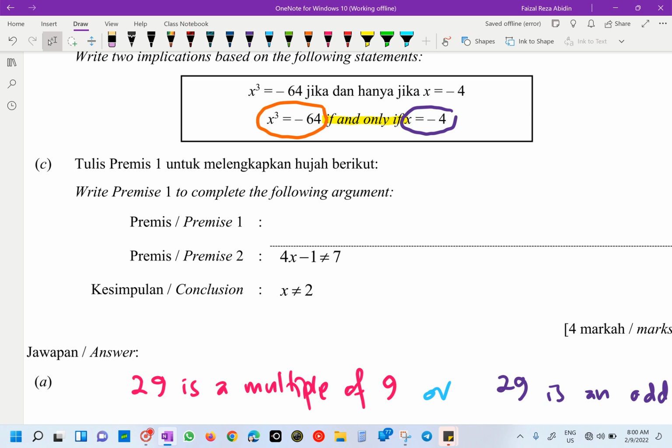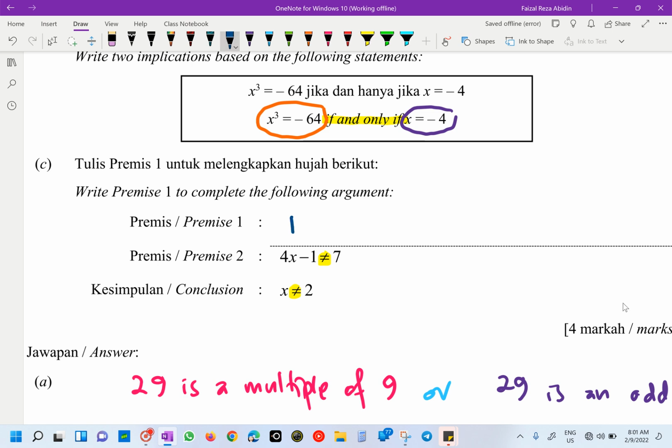If what? We have this one, if you look over here, is not equal, so for your premise 1 here, you are going to use equal.